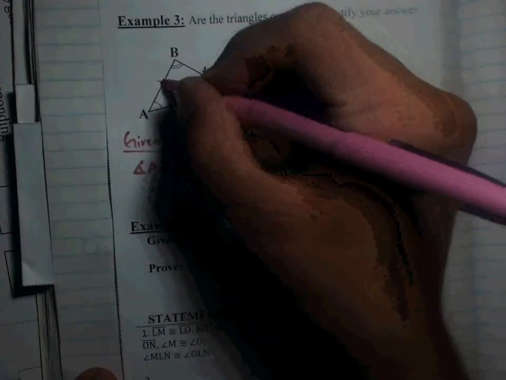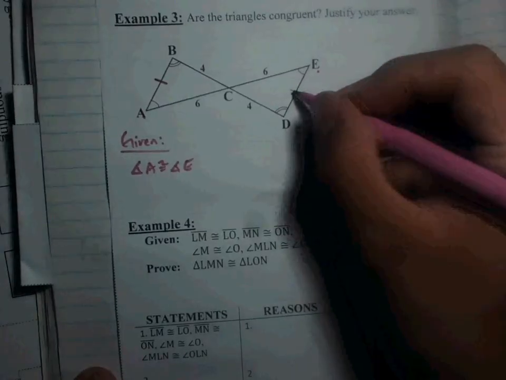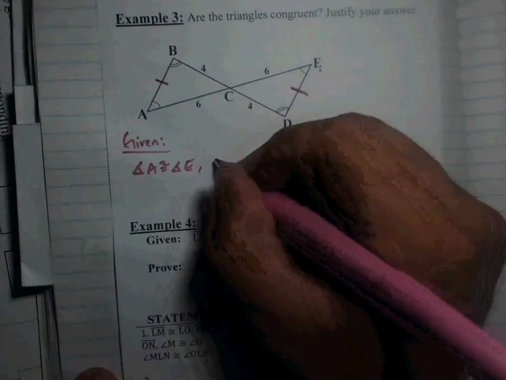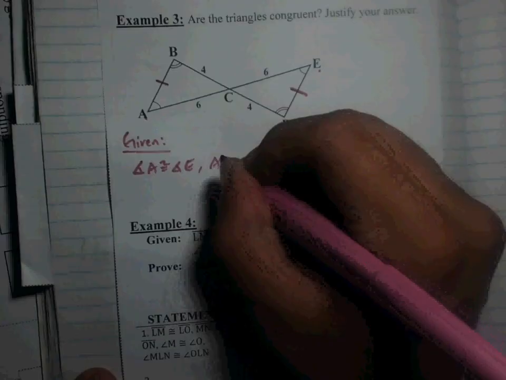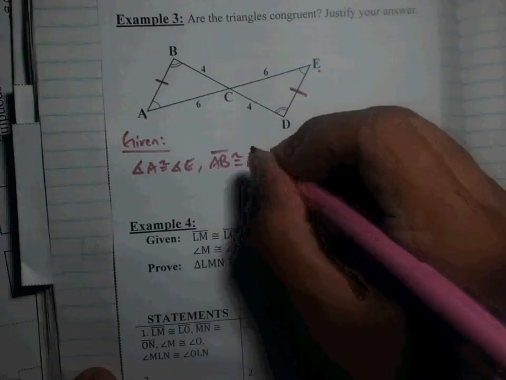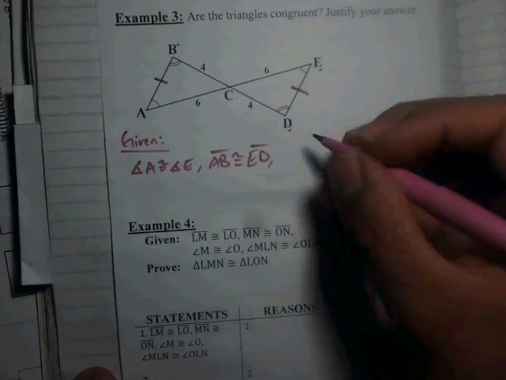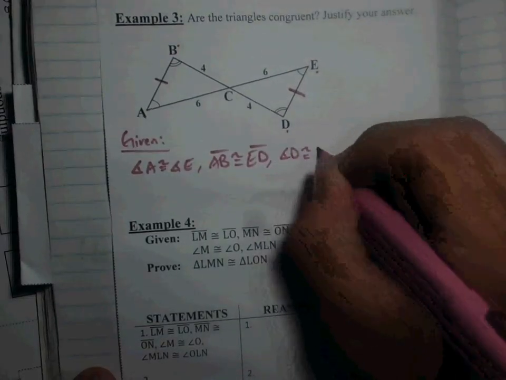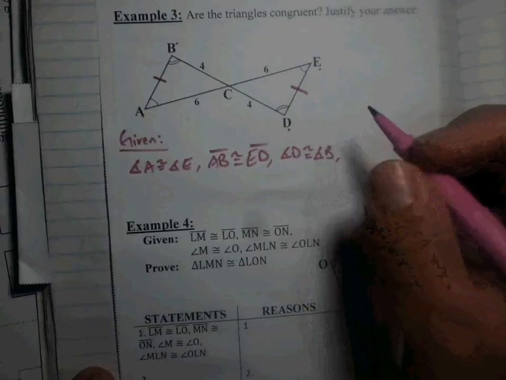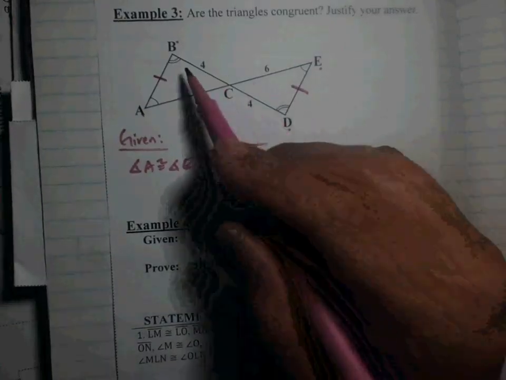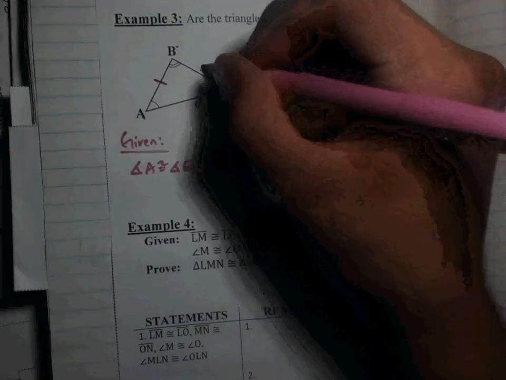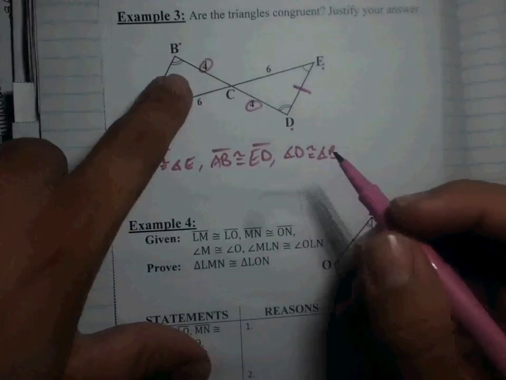We know this side AB, from A to B, is the same as E to D. AB is congruent to ED, and we also know that angle D is congruent to angle B. What else does it tell us? Oh, check it out. We have this 4 here, which is congruent to that 4.